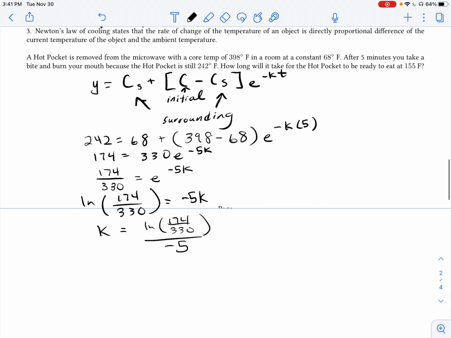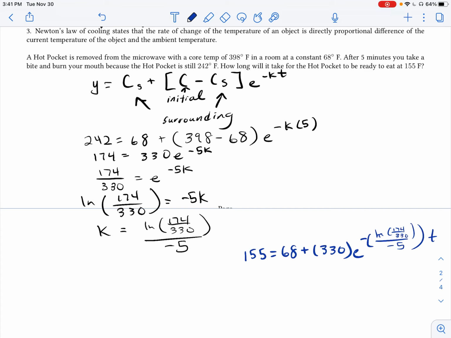Let me move down here. Let's plug that back into what we know. We've got 155 is the temperature we're looking for. The surrounding temperature of the room is still 68. The difference in the temperature between the object and the room is still 330. And we are going to plug in what we know: the natural log of 174 over 330, which is what we solved for k to be, times t.